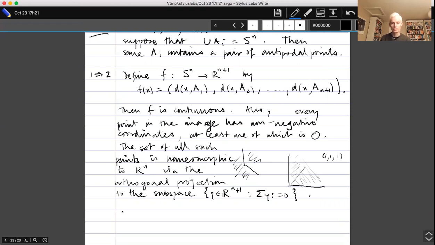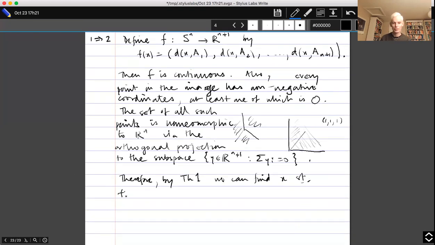And so therefore, by the Borsuk-Ulam theorem, we can find x such that f(x) equals f(-x), and then we know that x is going to belong to one of these Ai's, and so if d(x, Ai) equals 0, then the distance from -x to Ai equals 0, because f is the same for x and -x.